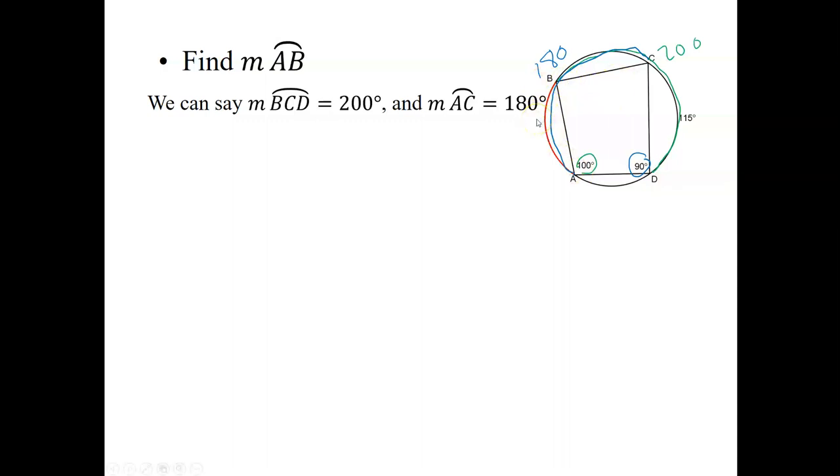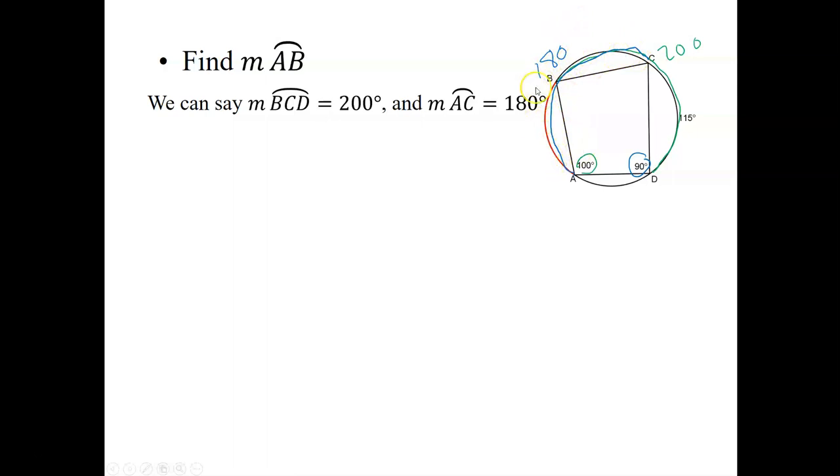It's possible that it's 90 and 90, or 110 and 70, or 127 and 53.